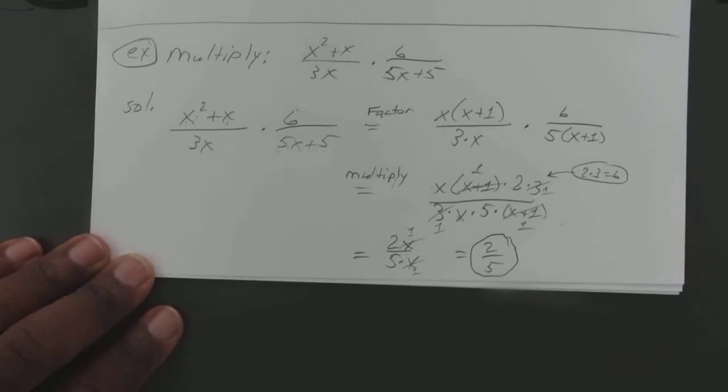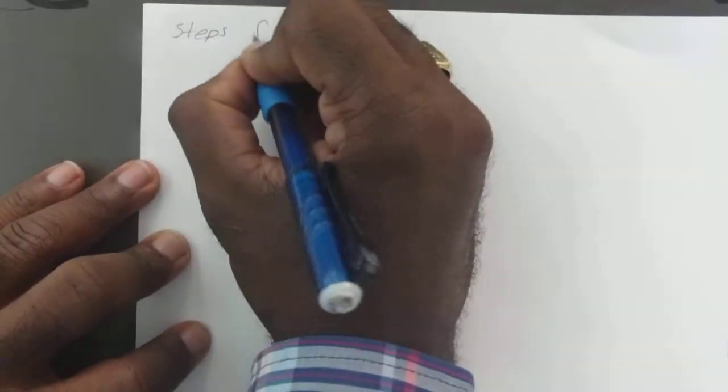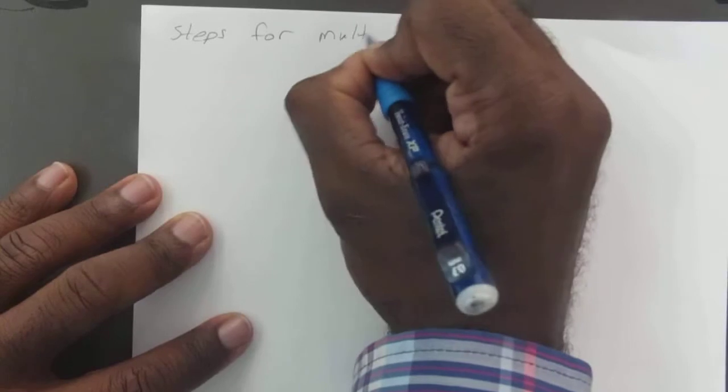Okay, let me finish writing that. All right. Okay, so here we'll just go over the steps for multiplying rational numbers.